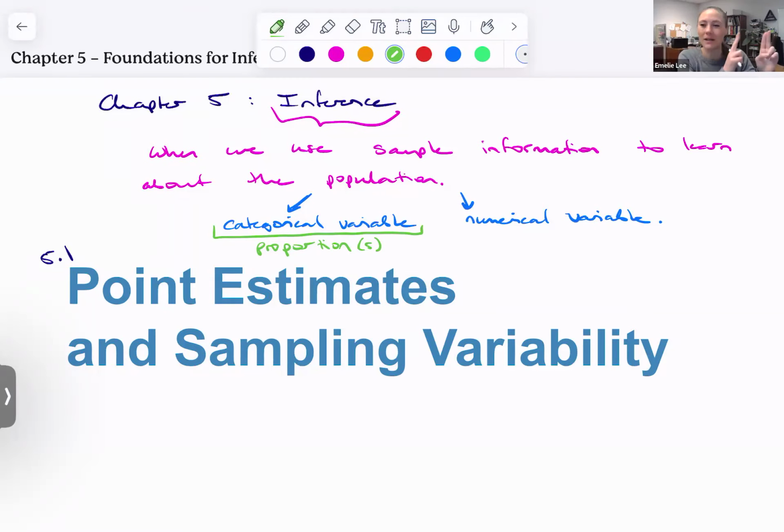Now, what a proportion sounds like is when you see a commercial. We don't really watch commercials anymore, but when you see a commercial and it says 4 out of 5 dentists recommend Colgate or whatever, right? And so now you have some count, 4 out of a total 5, and now you have a proportion.